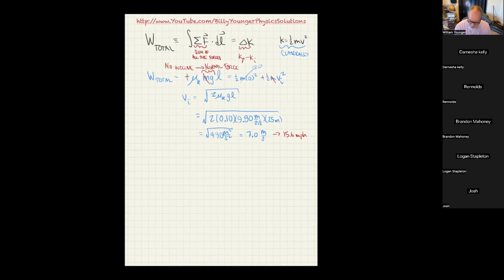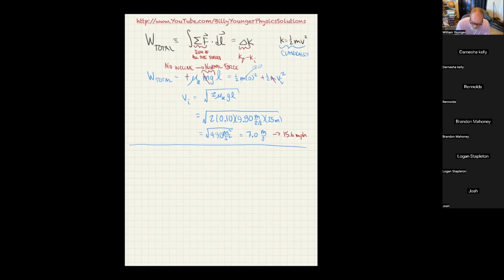Now, in addition to last time talking about the work energy theorem, we also discussed various types of potential energy and energy stored in a spring, or elastic energy. But just as a recap, let's go over what we found.